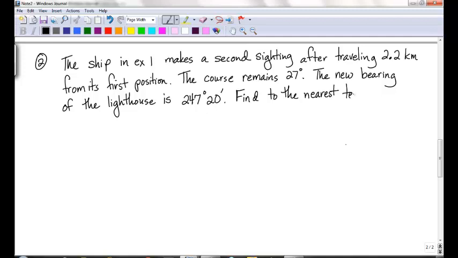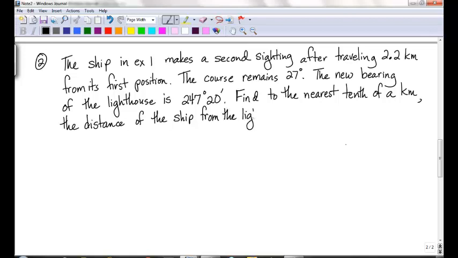Find to the nearest tenth of a kilometer the distance of the ship from the lighthouse when the first sighting occurred.